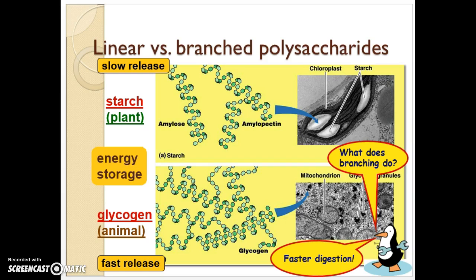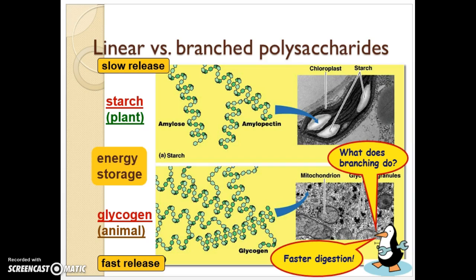So glycogen has many branches, many ends, and what the term glycogen means literally is many branches. And what's nice about it is that an enzyme can digest it at these multiple branches at the same time, which is what allows glycogen to be a fast release molecule. It's because the enzyme can work at the different ends of the branches.